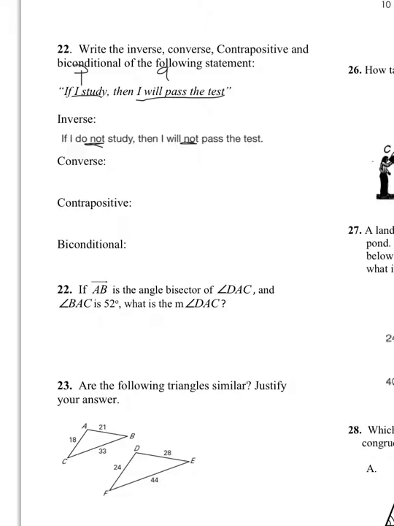Converse. Converse is a flip. It's literally you just switch the hypothesis and conclusion here. So if I will pass the test, then I studied.